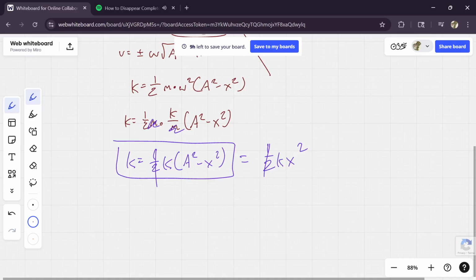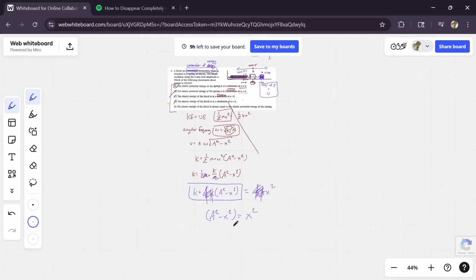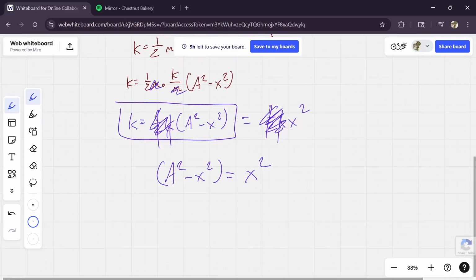I want to make sure I explain this correctly, because I don't want to just cancel out the k's blindly. You're going to have to bear with me for a sec. Okay, yeah, you cancel out the k on both sides, right? They're the same thing. So you're left with A squared minus x squared is equal to x squared. And then we just solve it further.